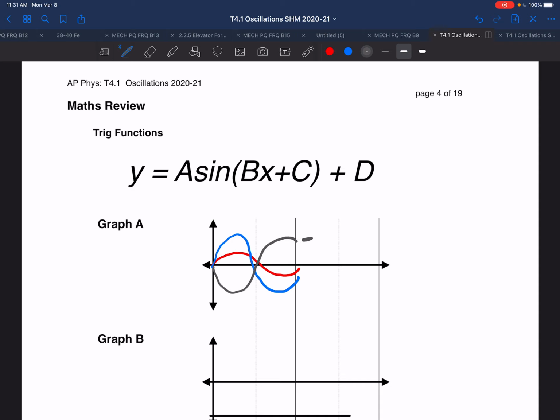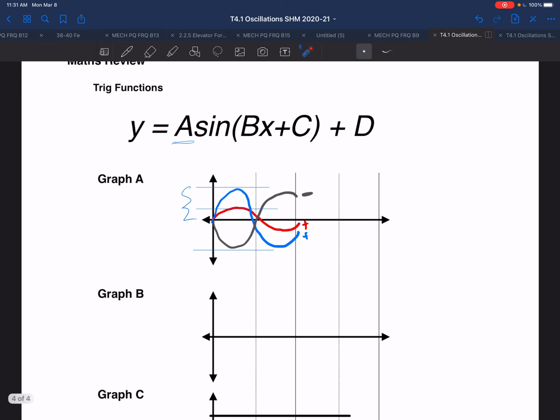So this is a negative, and this is a positive, and this is a positive amplitude. And those are our amplitudes: positive, positive, and negative. The greater this number A, the taller it gets, and the amplitude is this value from the x-axis to the peak.